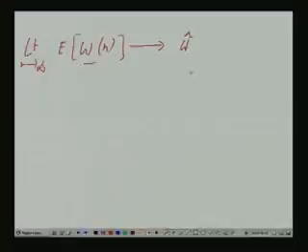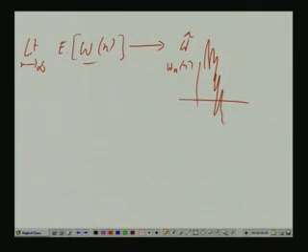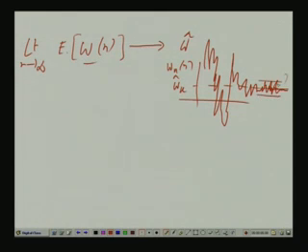So, one particular weight, say w k n, can go like this. This could be the DC value. Obviously, you should also see that the range of variation around the DC value, the optimal value, is not much.